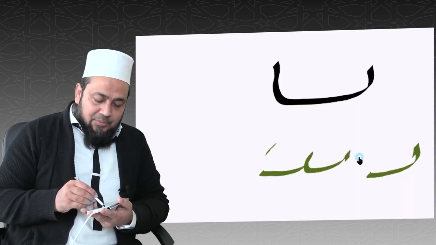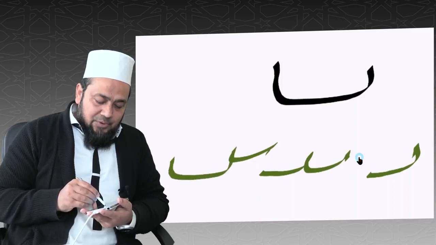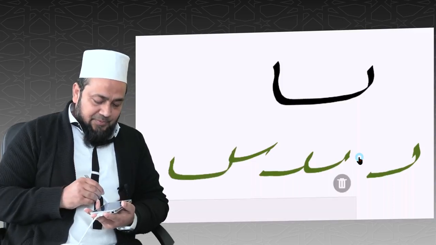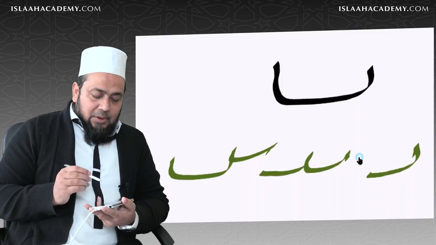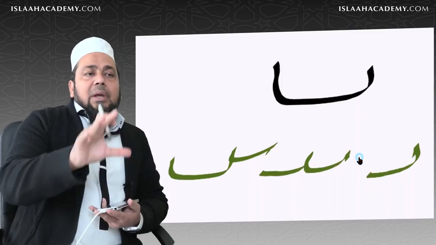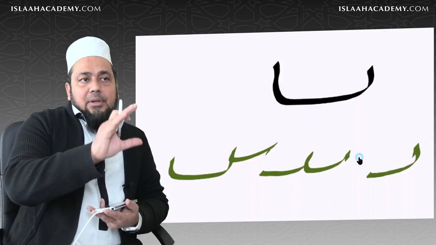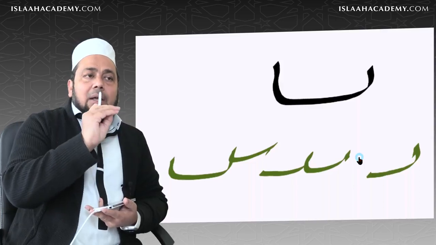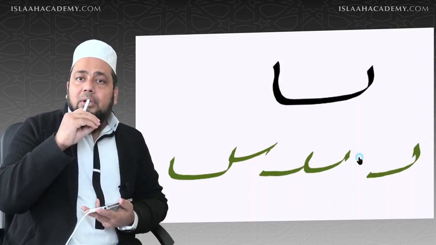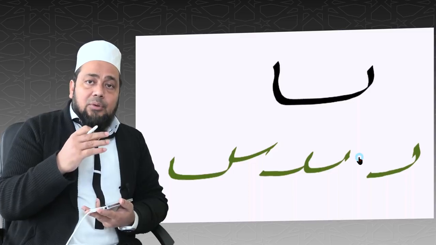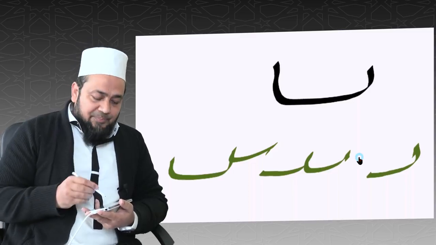Middle of the word shape is this one. And end of the word shape is this one. Okay. I will make it Ba, Ta and Tha by adding only Nuqta, by adding only dots. Let me show you how.